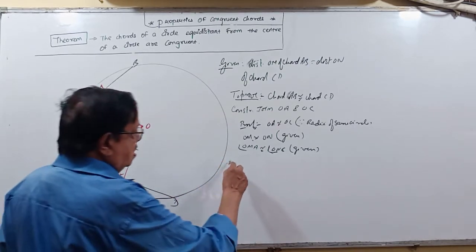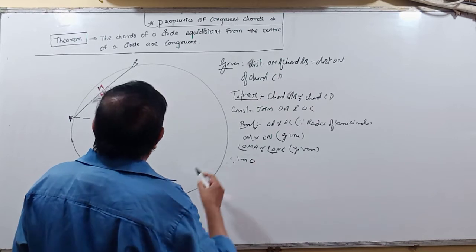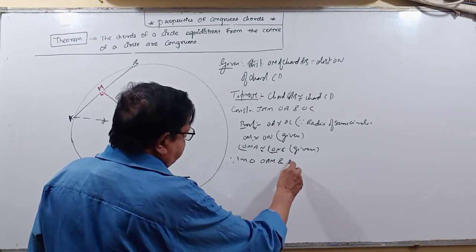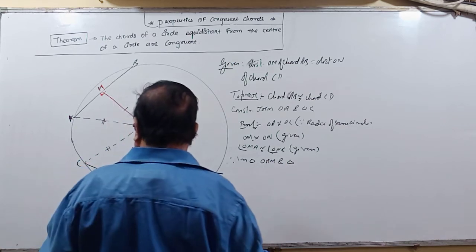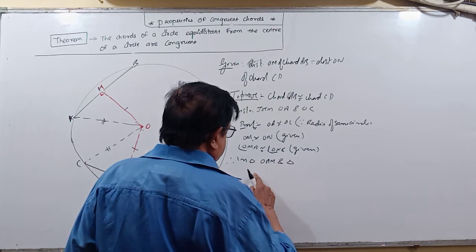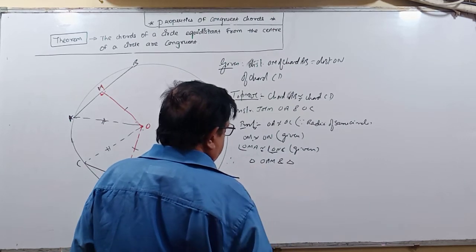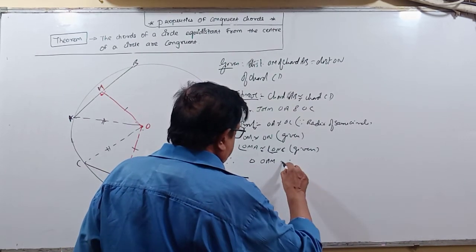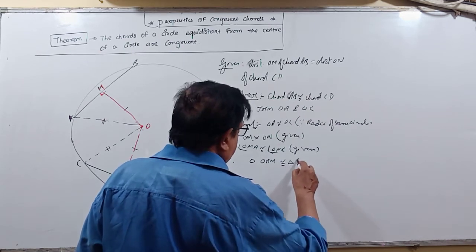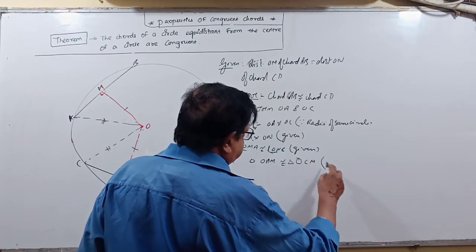Therefore, in triangle OAM and triangle OCN, triangle OAM is congruent to triangle OCN. By which test?